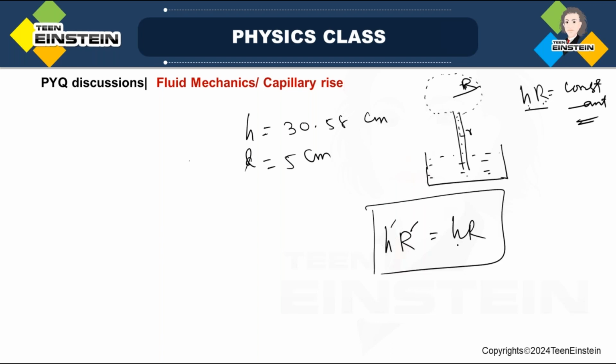That means in the normal case, if the capillary length is more, then H into R is constant, and if the capillary has less height, in that case also the radius will be adjusted in such a way that H prime into R prime remains constant. All right.